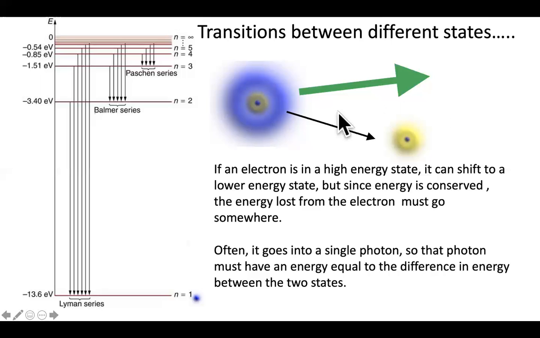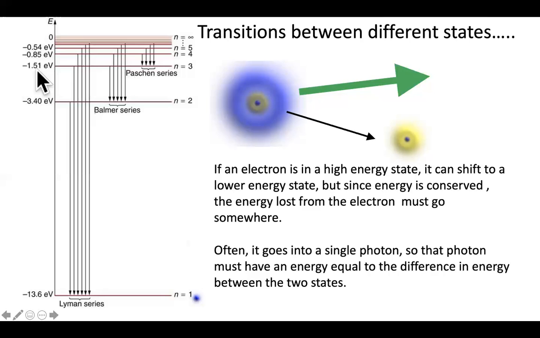Why a single photon? Because that's the most efficient way for this thing to change. Now, the thing to note is energy is conserved. So that one photon, which I show here as a big green arrow because photons are weird, must have an energy equivalent to the energy difference between these two states.